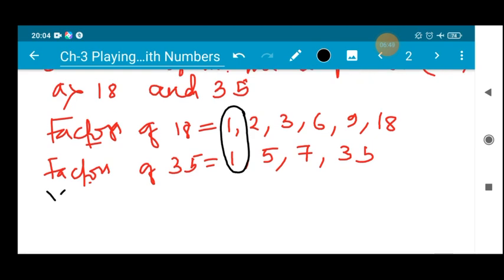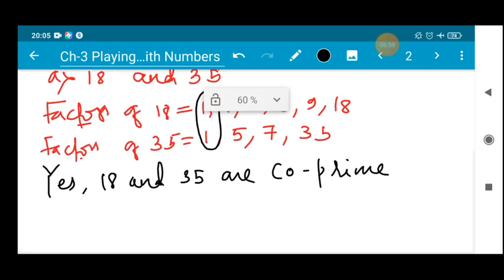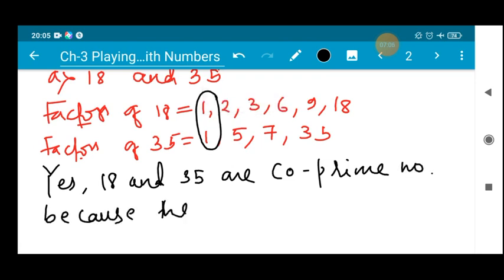So yes, 18 and 35 are co-prime numbers. Why? Because the common factor between them is 1.